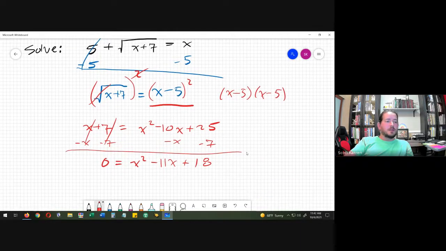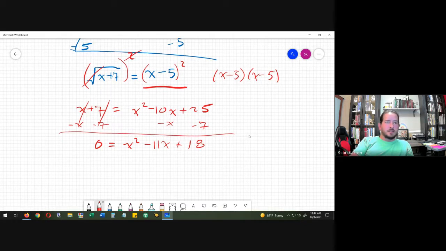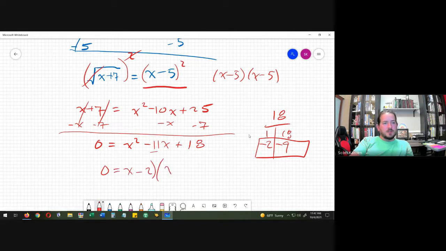If I look at the factor pairs of 18, we got 1 and 18, 2 and 9, and that's as far as I need to go, because if I let these both be negatives, that gives me my negative 11. So I get 0 equals x minus 2 and x minus 9.